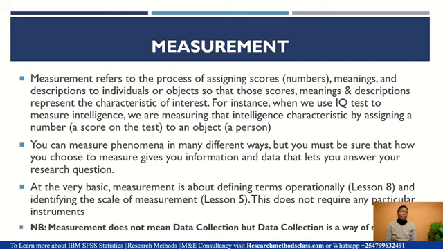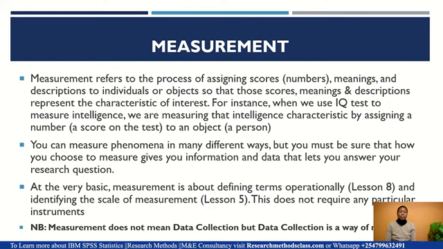When we are discussing methods of data collection, we cannot avoid mentioning the term measurement. Why? Because remember, in research, we collect data regarding variables. We said variables are measurable characteristics. So what is measurement?